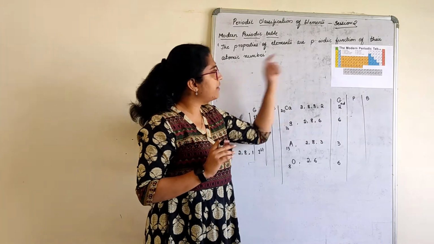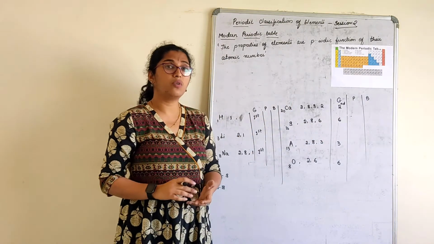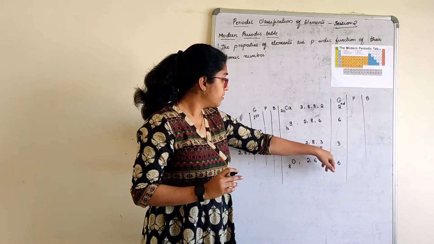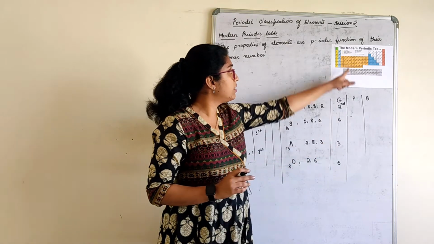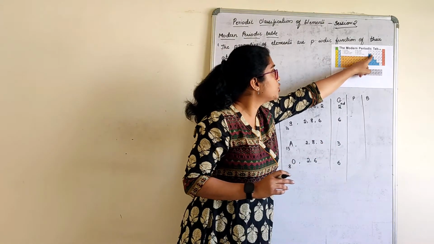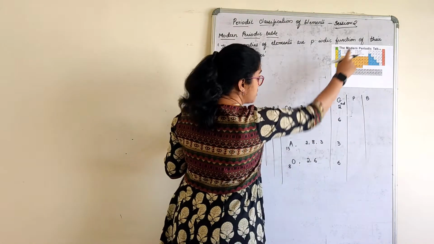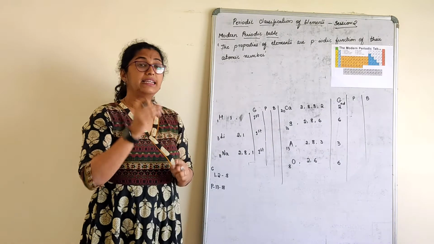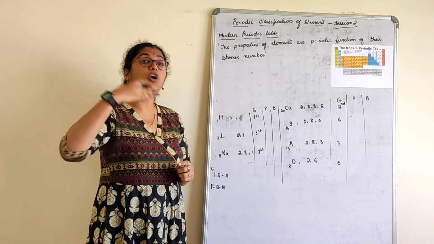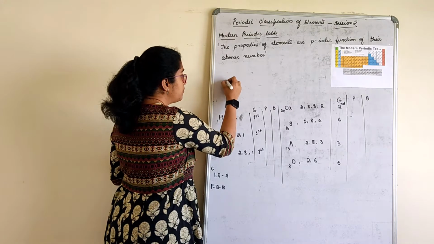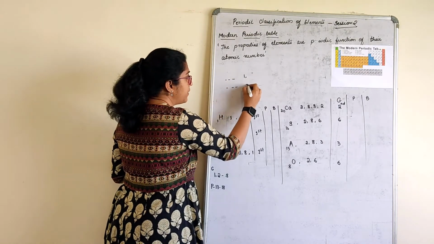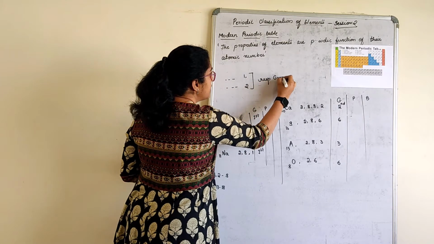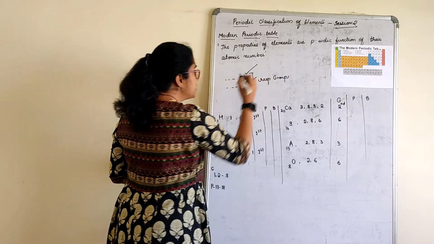Sulfur has 6. Does sulfur belong to the sixth group here? Just now I told you we don't study groups 3 to 12, so where did the sixth group come from? Does aluminium belong to the third group? No, aluminium does not come here. Aluminium comes in the 13th group. Sulfur comes in the 16th group. Oxygen also comes in the 16th group. That means for any number of electrons beyond 2: if the last valence shell has 1 or 2, it belongs to the respective first or second group.